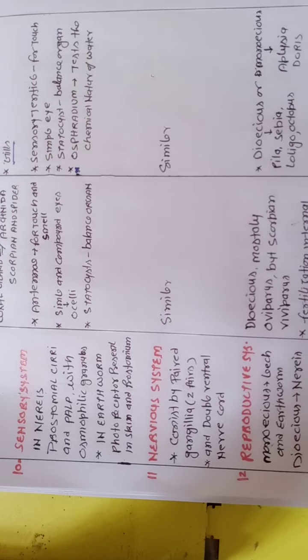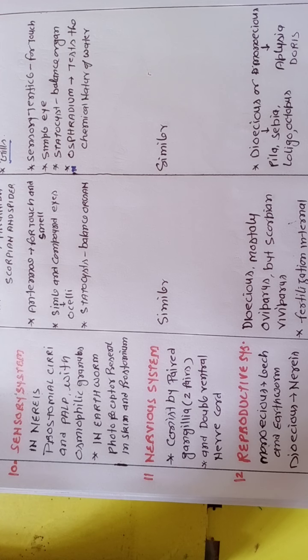After that, the nervous system. The nervous system in all three cases is similar, because it consists of a brain and a double ventral nerve cord, and the brain consists of two pairs of ganglia, one suprapharyngeal and one subpharyngeal or subesophageal. So the brain consists of two pairs of ganglia, and the pair present on the lower side are connected by a double ventral nerve cord.